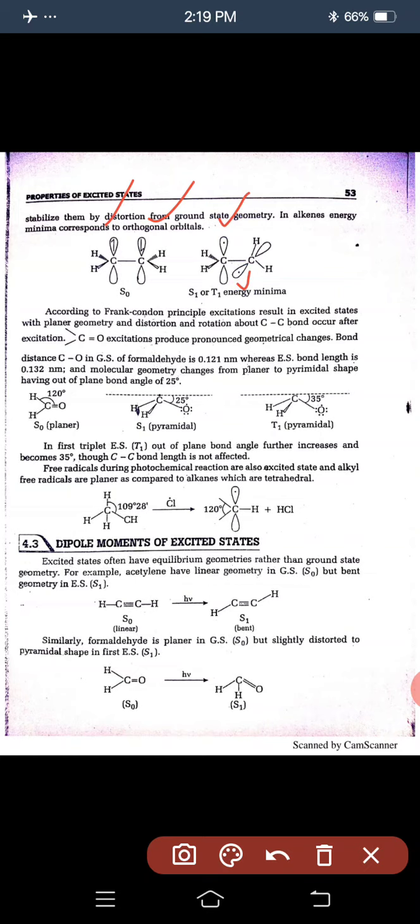Here you see that S0 is planar, with bond angle 120 degree.